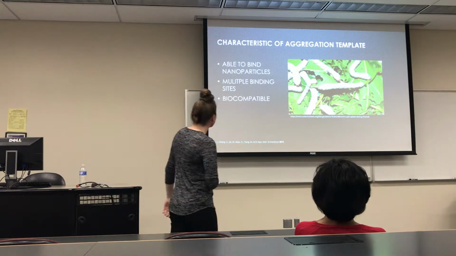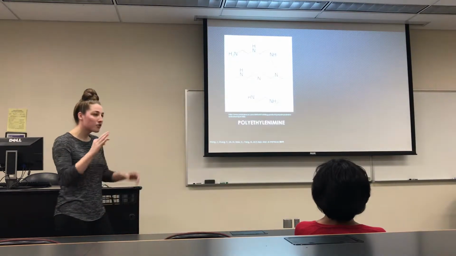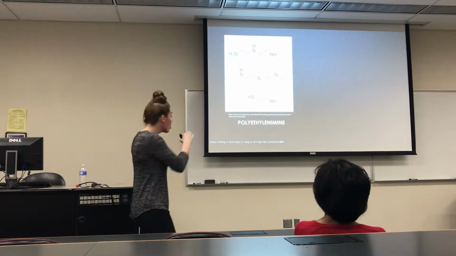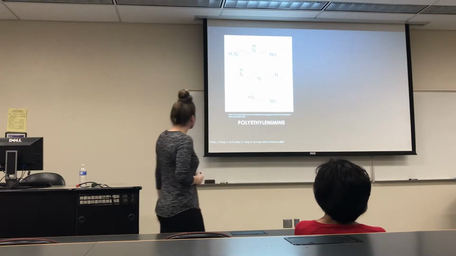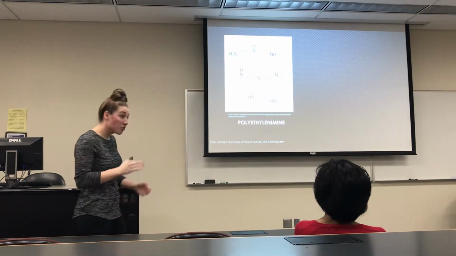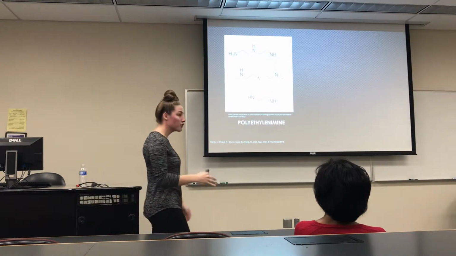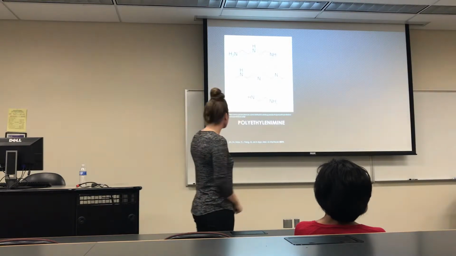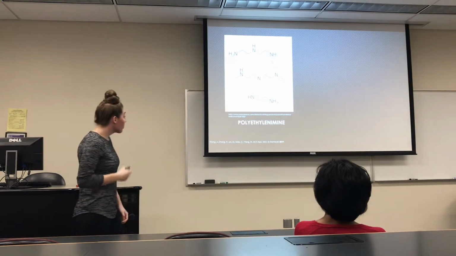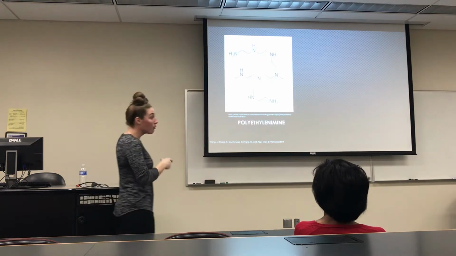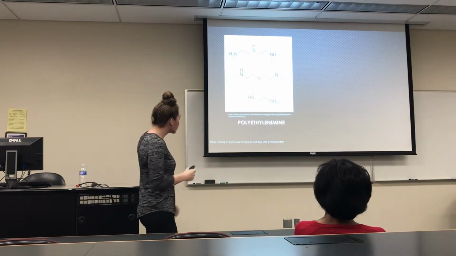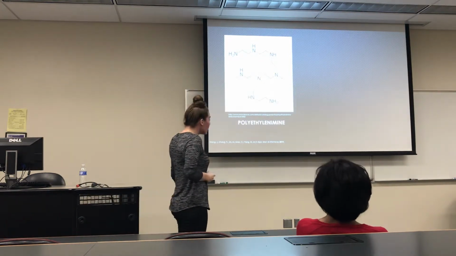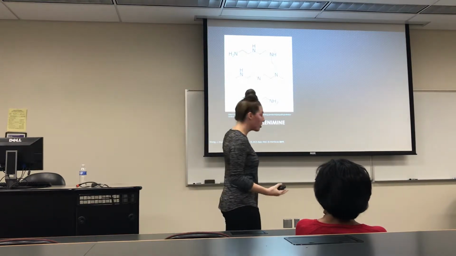So they modified the surface of their gold nanoparticles with polyethylenimine, which gives a lot of amine groups, to make the nanoparticles positively charged so we can get electrostatic binding to that fibrin protein. Not only does it give a positive charge in solution, but we know from previously that amines have a high affinity for binding to gold anyway.